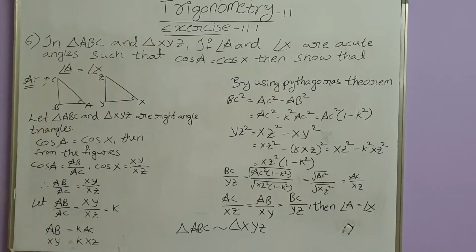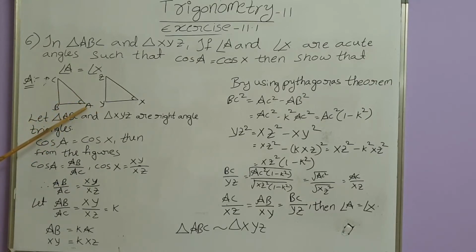Here, let triangle ABC and triangle XYZ are right angle triangles. Cos A is equal to cos X. They are given already. Then from the figure, what is cos A?